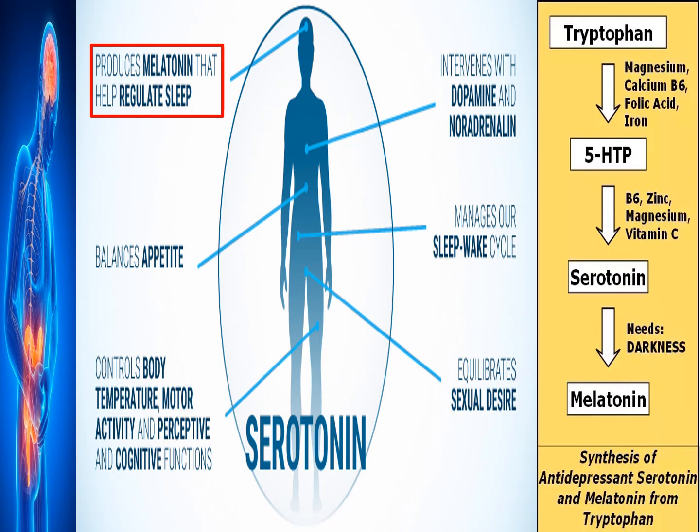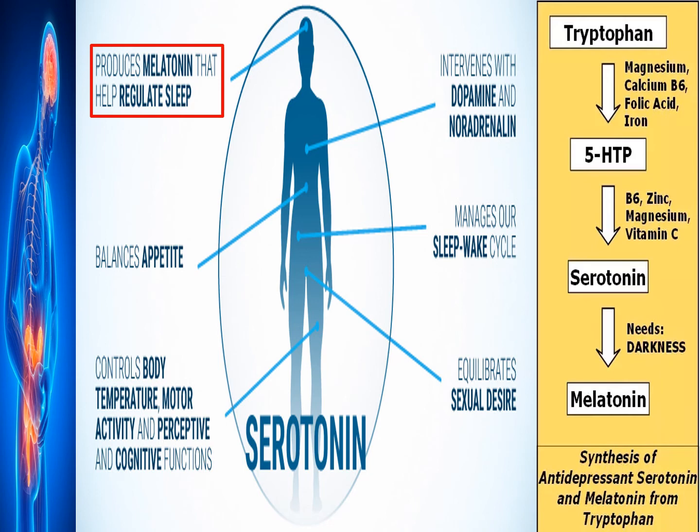5-hydroxytryptophan. Then this 5-hydroxytryptophan so formed, in the presence of vitamin B6, zinc, magnesium and vitamin C, gets converted into serotonin or 5-hydroxytryptamine. This serotonin in the dark gets converted to melatonin.